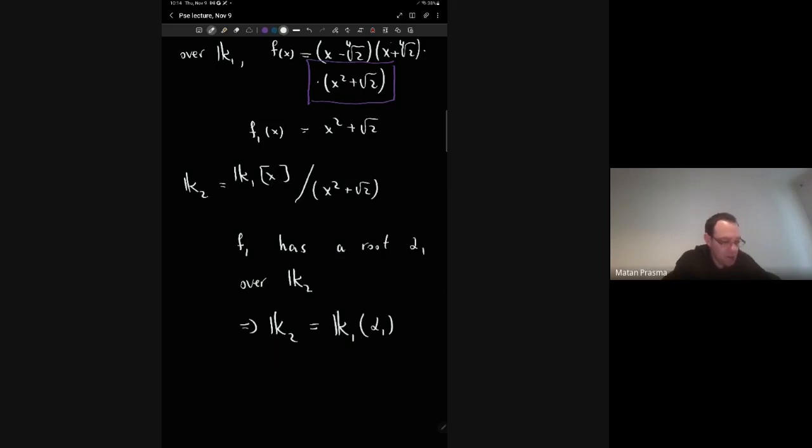So you see, once you have either of them, you get automatically the other, and so F1 splits over K2.